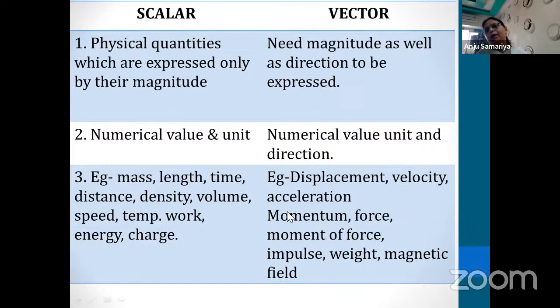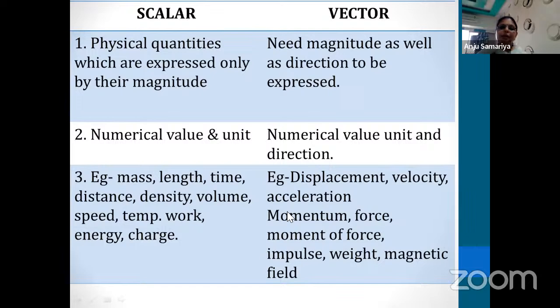If I say the boy is cycling for 2 kilometers, it's a distance of 2 kilometers, so you don't require any direction. Similarly, velocity requires direction, speed does not require direction. Acceleration requires direction. Momentum, force, moment of force, impulse, weight, magnetic field, all these require direction to express themselves. So there are two types of physical quantities, scalar and vector.